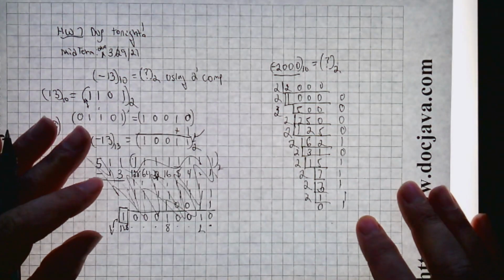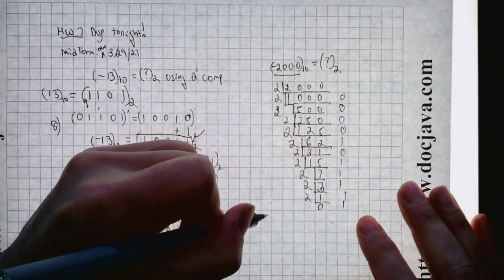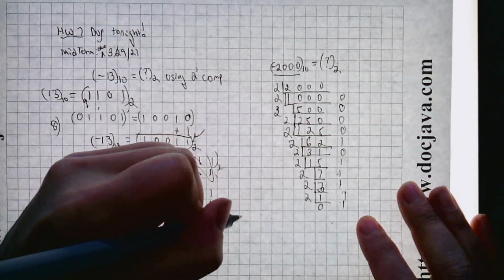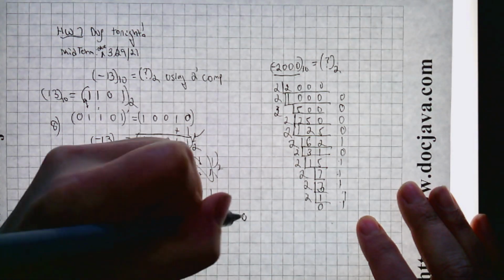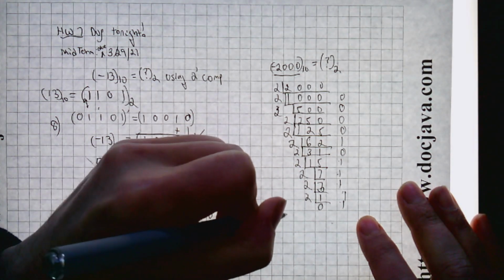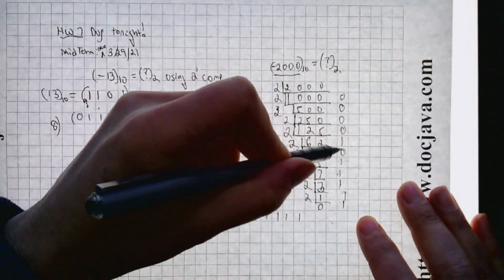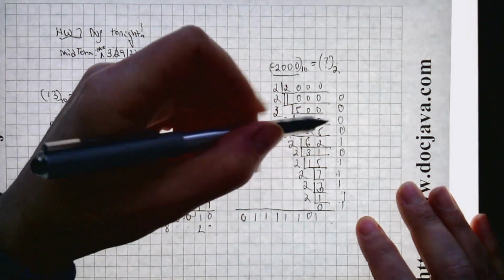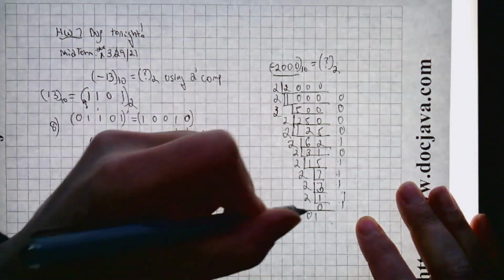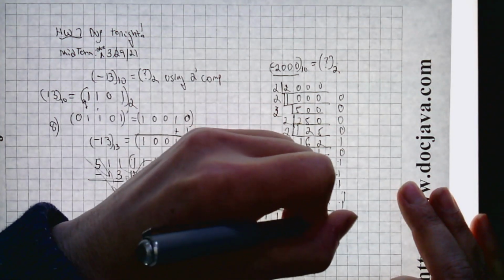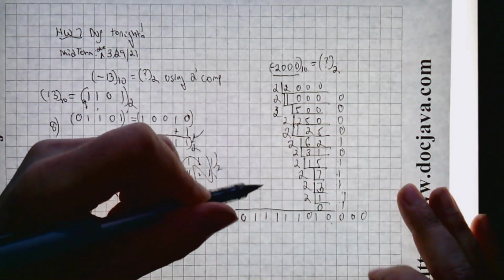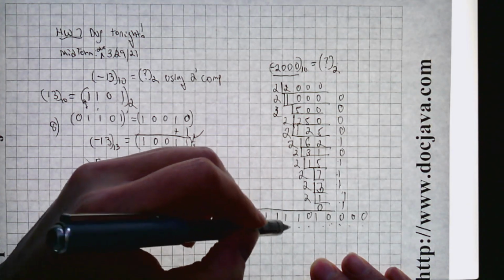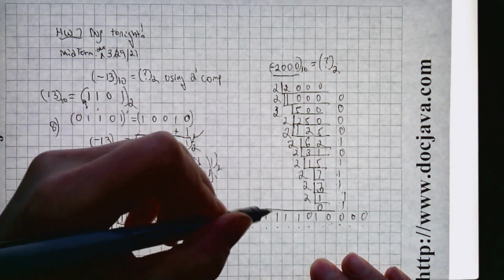Does that look about right? So I got 1, 2, 3, 4, 5. Put in a leading 0. 0, 1. 1, 2, 3, 4. And I need 12 bits. 1, 2, 3, 4, 5, 6, 7, 8, 9, 10, 11, 12. Oh, works out great.